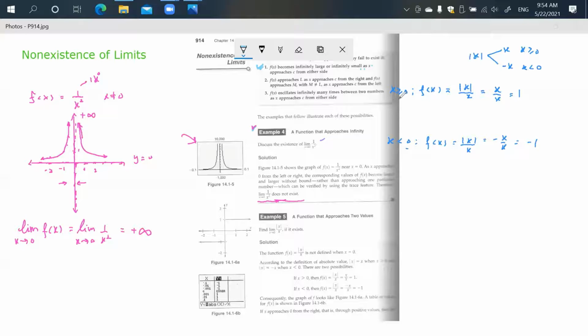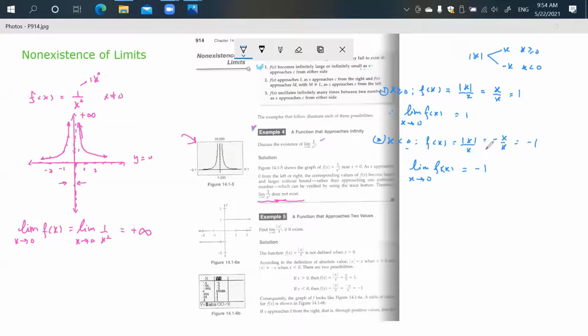So we conclude: if x is greater than or equal to 0, the limit of f of x when x approaches 0 equals 1. This is the first case, and the second case, when x is less than 0, the limit of f of x when x approaches 0 equals -1.